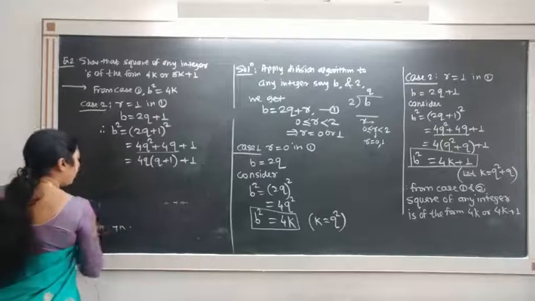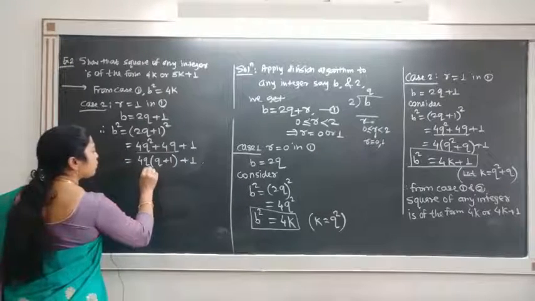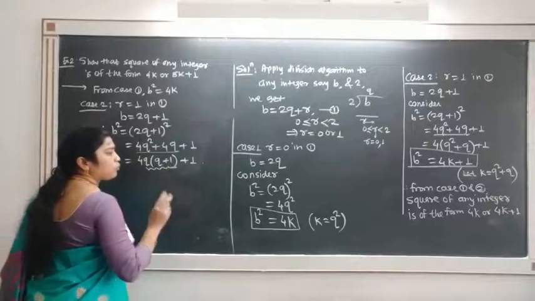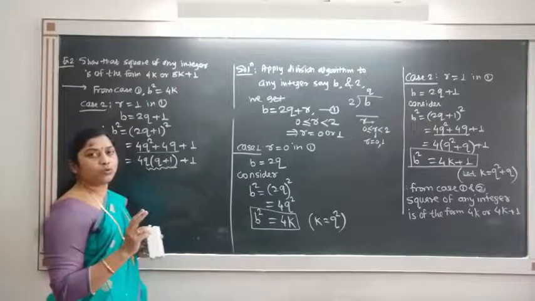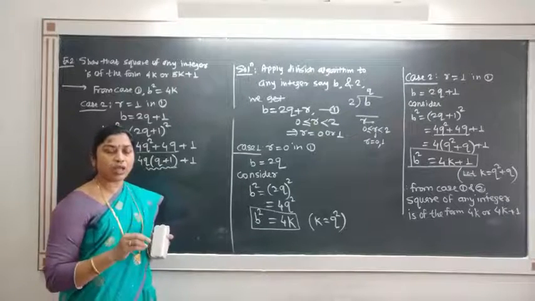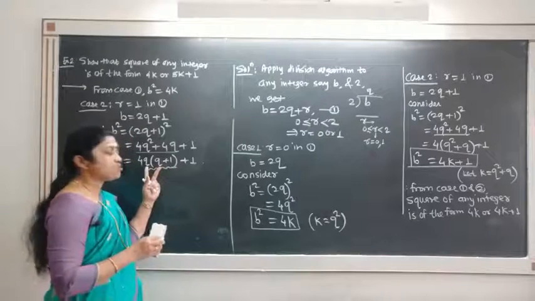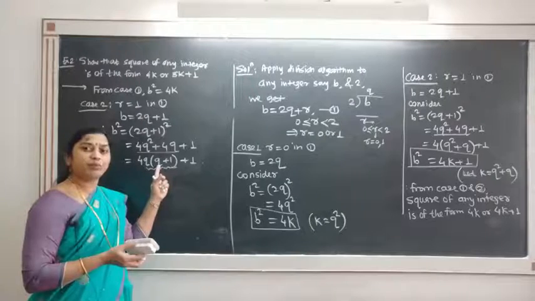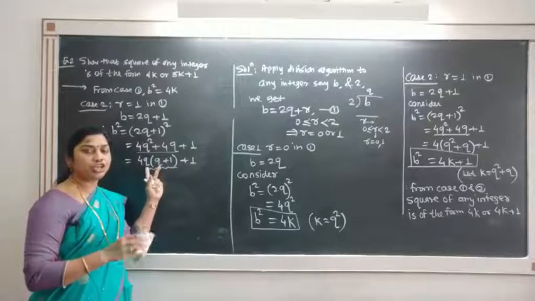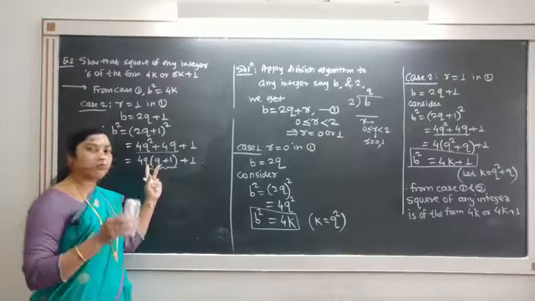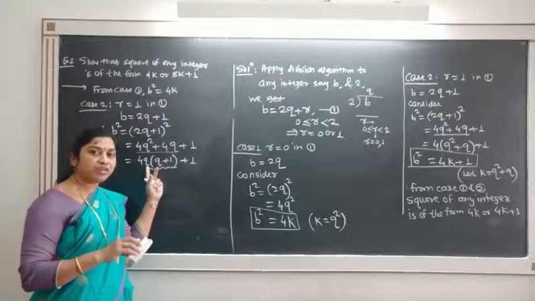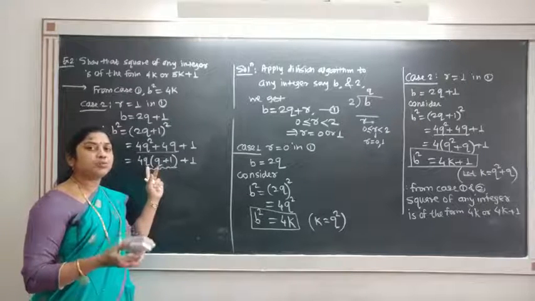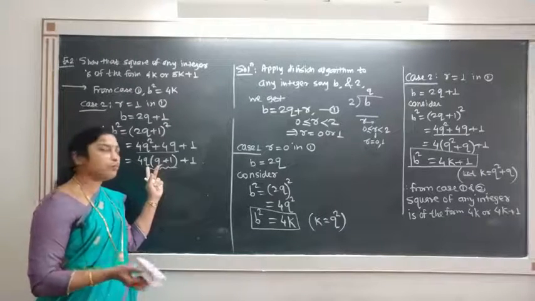Now observe that q into q plus 1 is a product of two successive numbers. And we know that if these are two successive numbers, one of them will be even and the other will be odd, because they are two consecutive numbers. So the product of consecutive numbers, one even and one odd, is obviously even, that is, a multiple of 2.